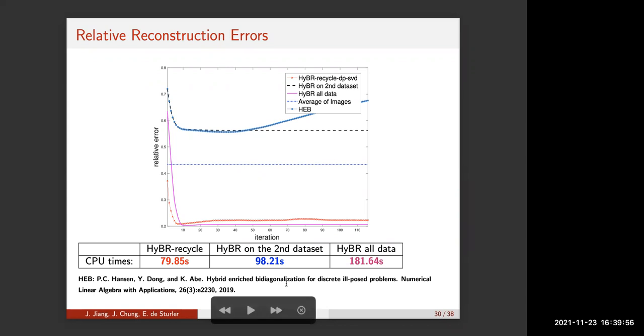If the prior knowledge they include is not good, the algorithm will become very bad. But for our method, the resulting solution is not very sensitive to the prior knowledge. If the prior knowledge is not good, the coefficient corresponding to the prior knowledge basis will become very close to 0.